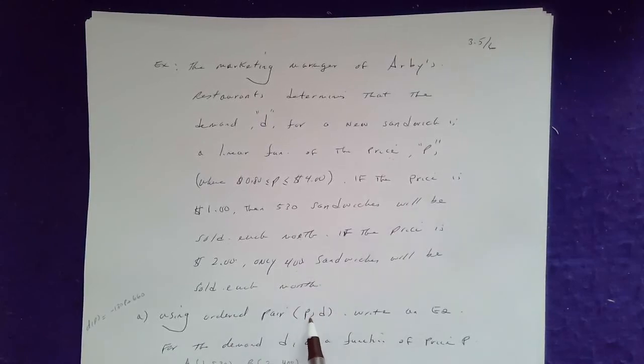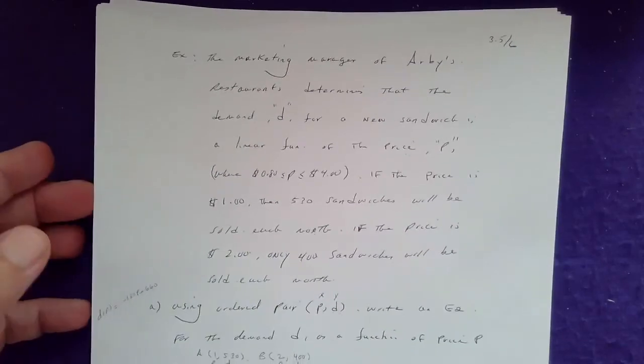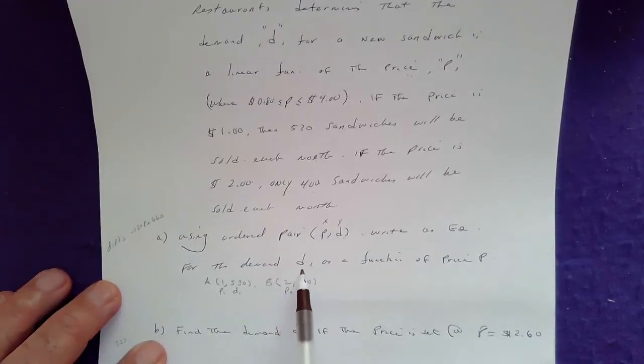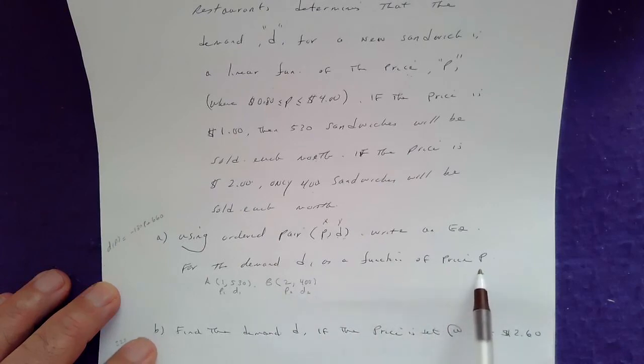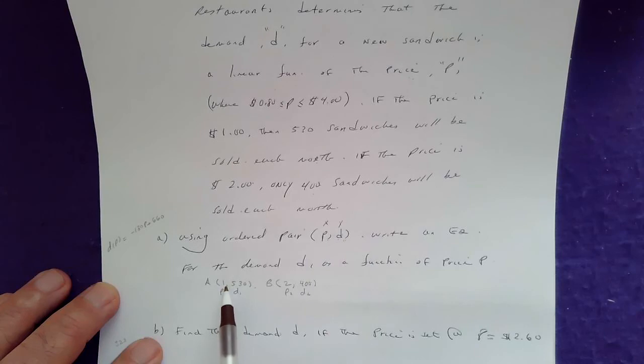Using the order P comma D, remember P is your X, D is your Y. Can you write the equation for the demand as a function of P? Remember, D is going to act like a Y, P, the price, is going to act like an X. So if the price is $1, 530 people are going to buy it, so that's called demand.